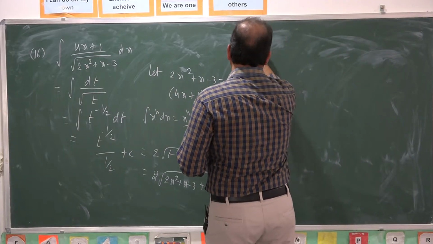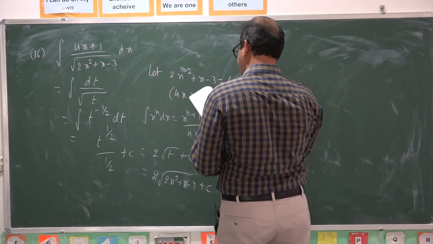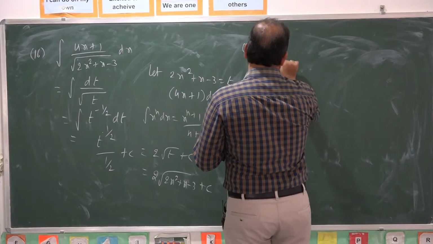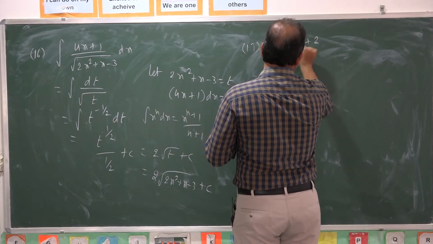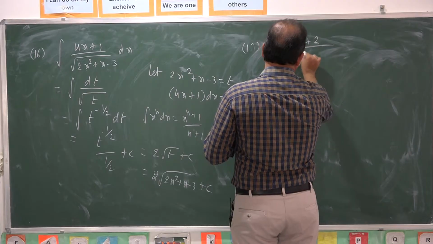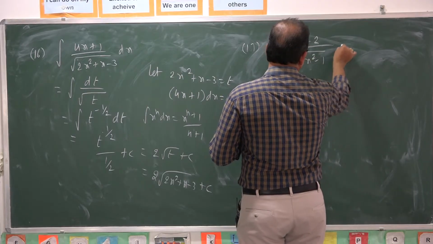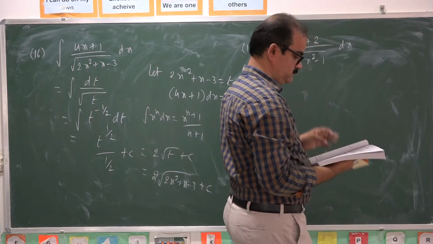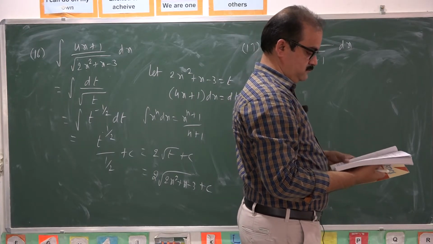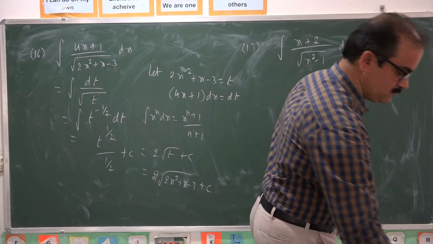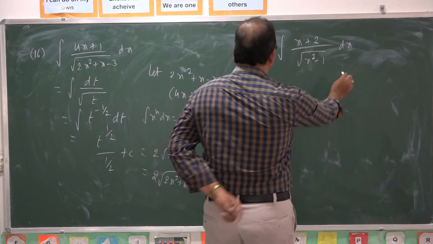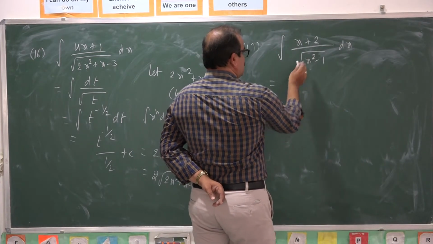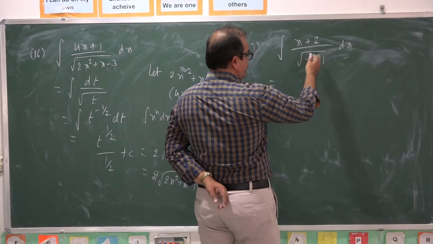Next, 17th, integral of (x plus 2) by root of (x square minus 1) into dx. Now you divide it separately.